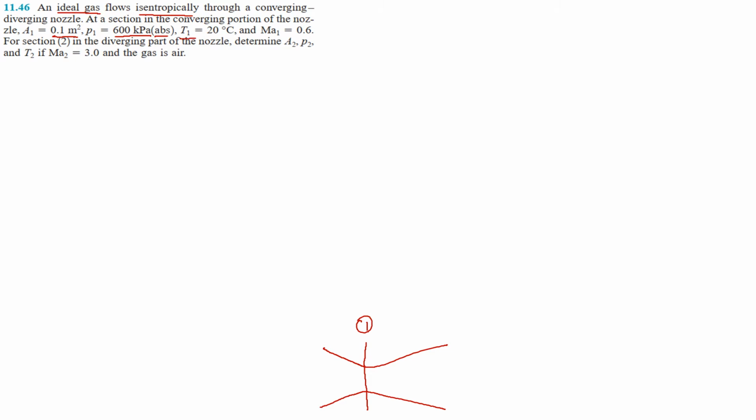T1, that is the temperature at this converging portion, is 20 degrees centigrade, and the Mach number is also given, that is 0.6. So all the values almost are given at section 1. We just have to convert this temperature into absolute temperature in kelvins.